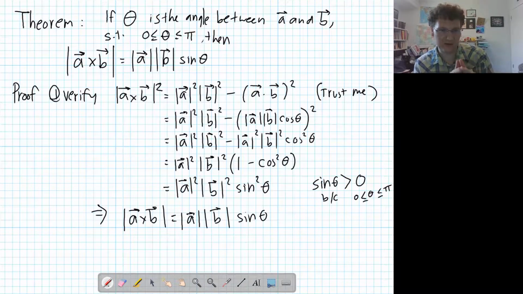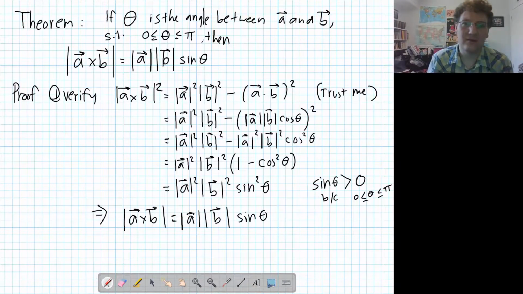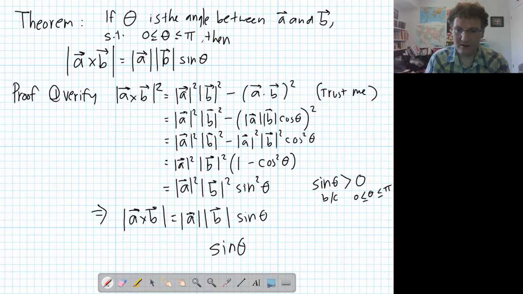For cross products, remember sine theta is max at theta equals 90 degrees.